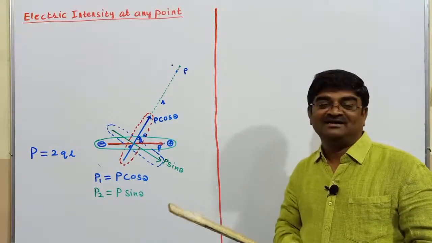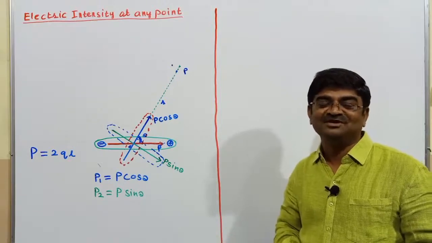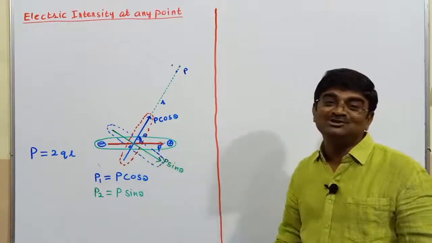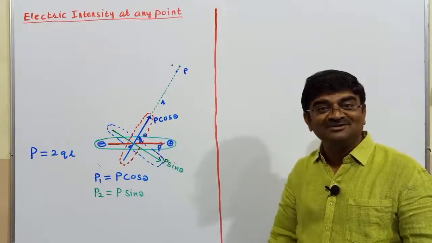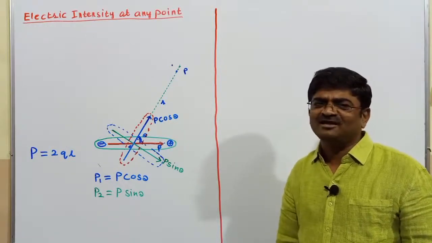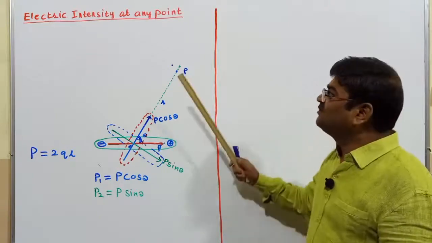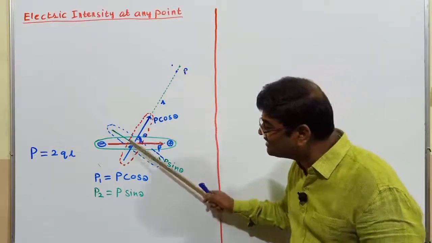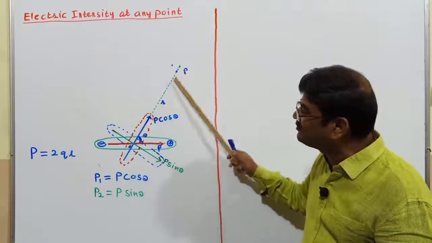And once I do that, my simple further job is identifying my point P with respect to these two imaginary dipoles. And I can very easily see that my point P is on the axial line of the first dipole.